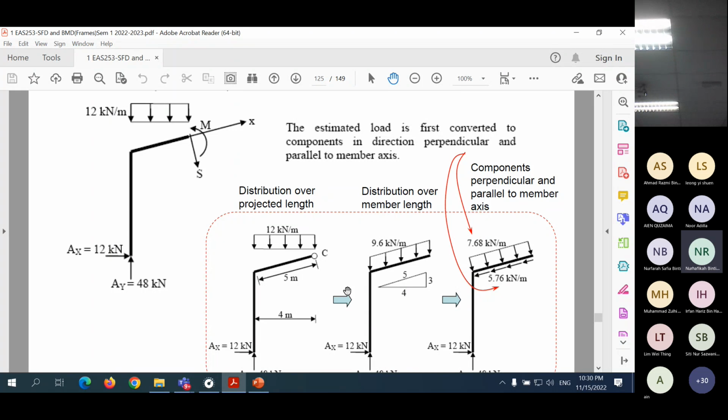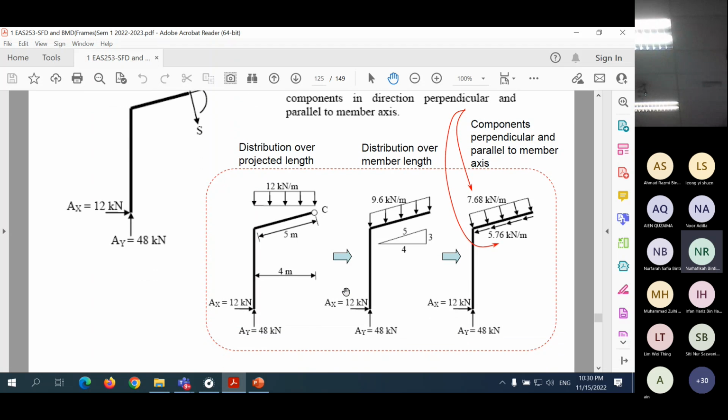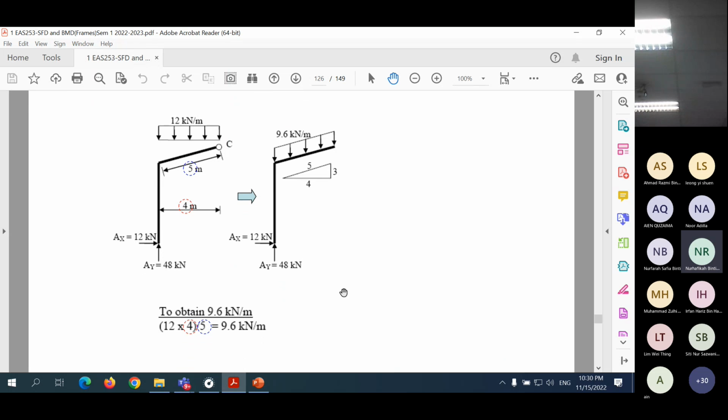Get this component and this component, but you need to know what is the inclination of this member. What is this angle here? So this is how we get it.